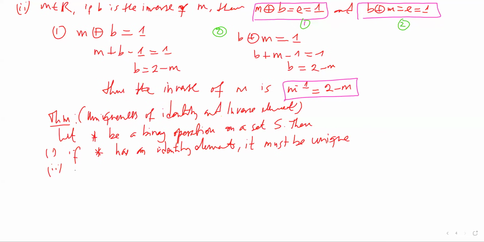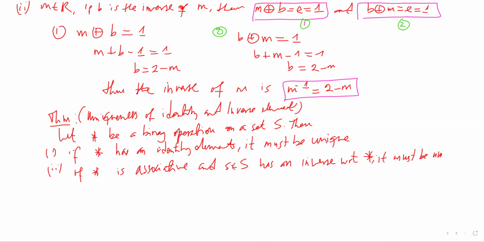And 2: if the operation is associative and you take an element from the set S which has an inverse with respect to the operation, then it must also be unique.